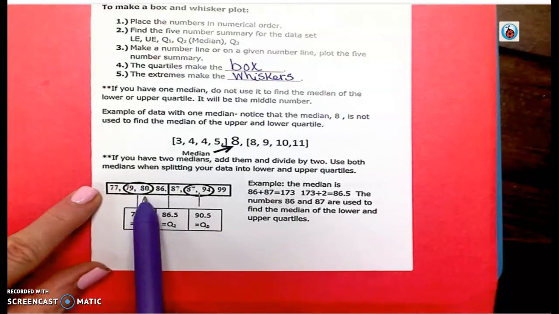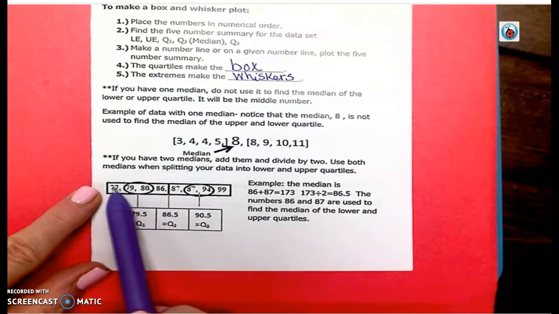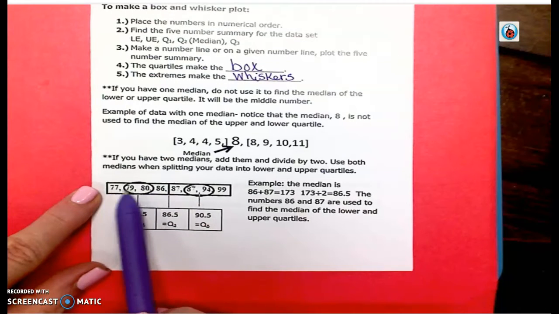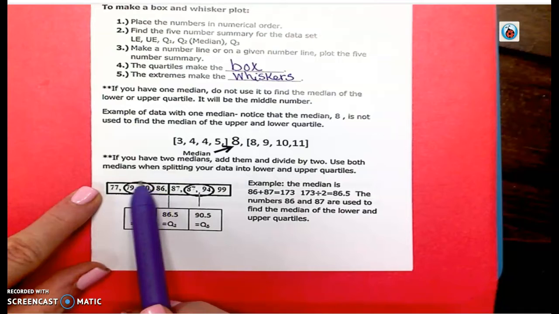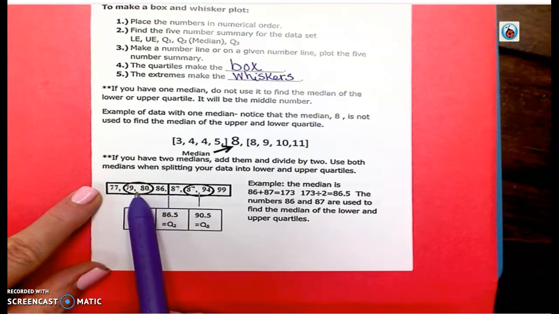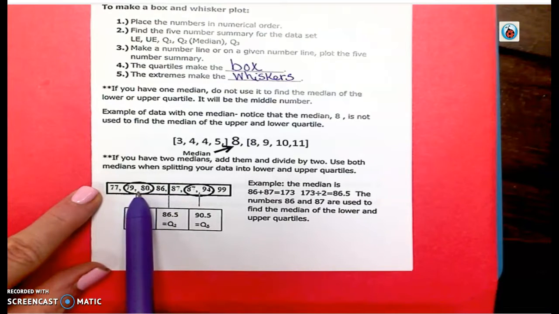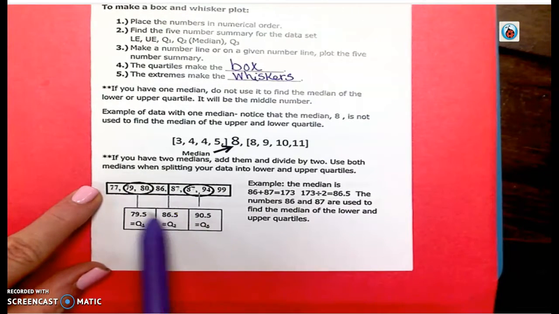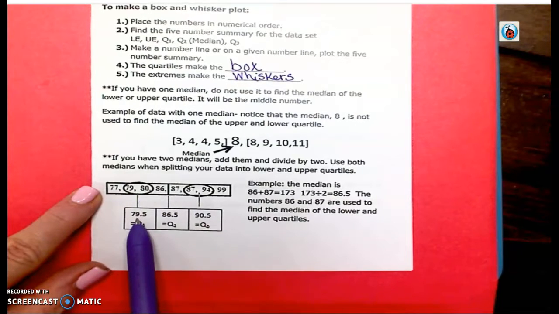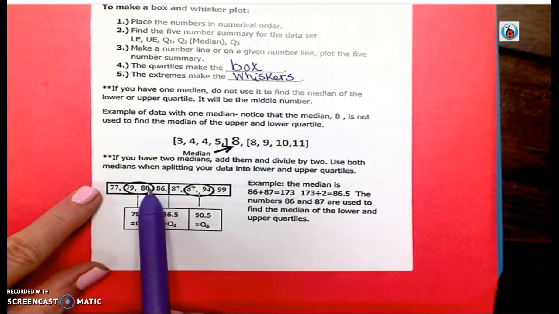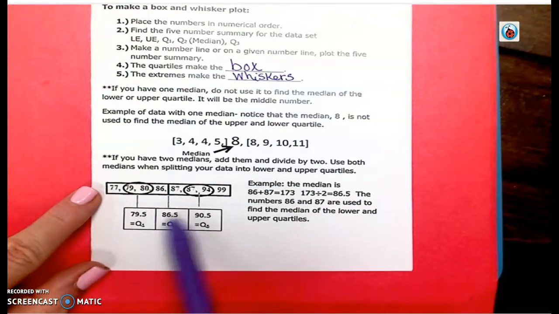So now here, 86 is included in finding the median in this set of data. And you'll notice that there are 2 numbers in the middle. So you will have to find the median here. We know that the middle of 79 and 80 would be 79 and a half. Or you can add the 2 numbers together and divide by 2.